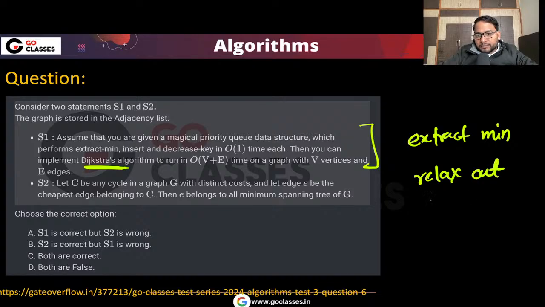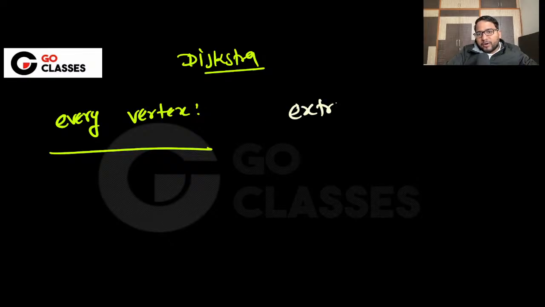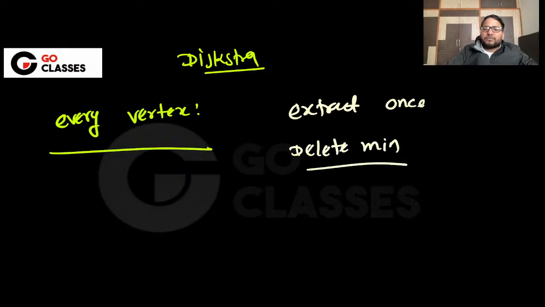As far as every vertex is concerned in Dijkstra, you extract every vertex once, which is also called delete min. Every vertex will be deleted just once.